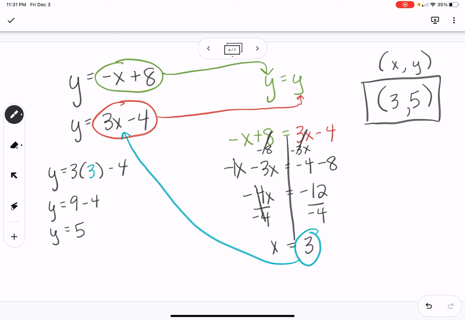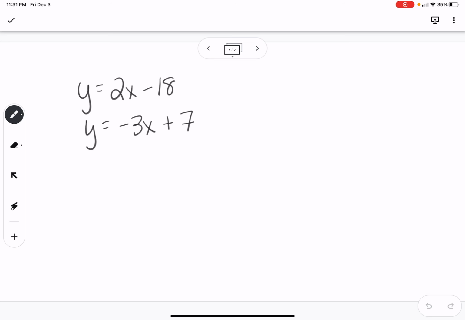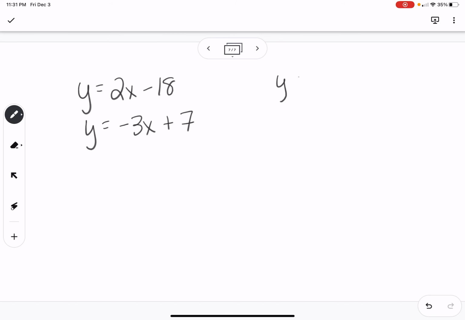All right, we got one more problem like this, and then y'all are going to try some on your own. Okay, once again, both y's are by themselves. So once again, we know that y equals itself, y.